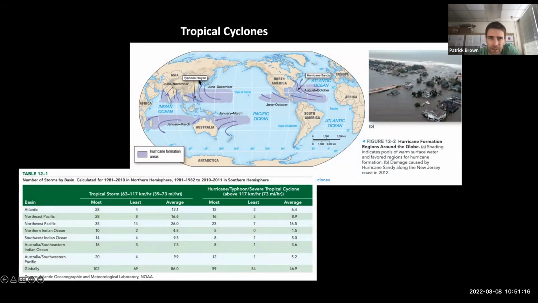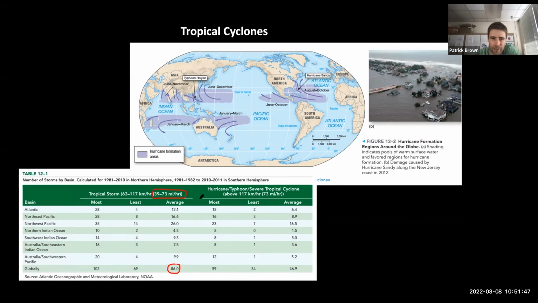This actually has the typhoon label over here. So these are where they're called typhoons. These are where they're called cyclones, and then this is where they're called hurricanes. And tropical cyclone just encompasses everything. So globally, on average, we see 86 tropical storms, which just means it's one of these rotating, tropical cyclone systems that has wind speeds of at least 39 miles per hour.